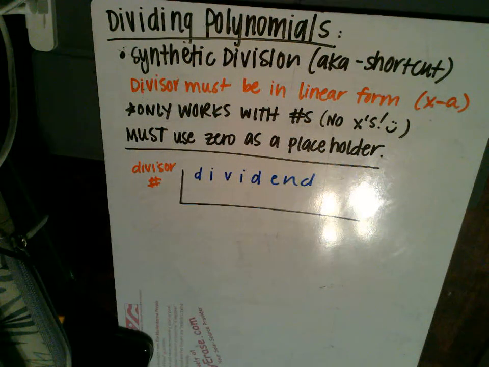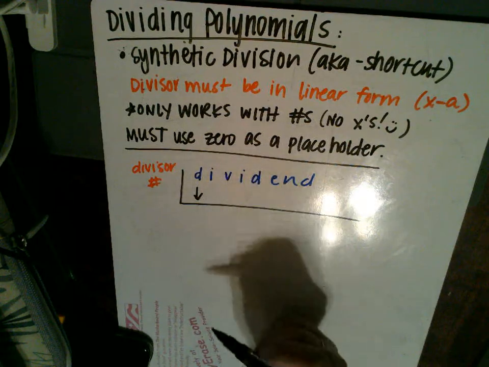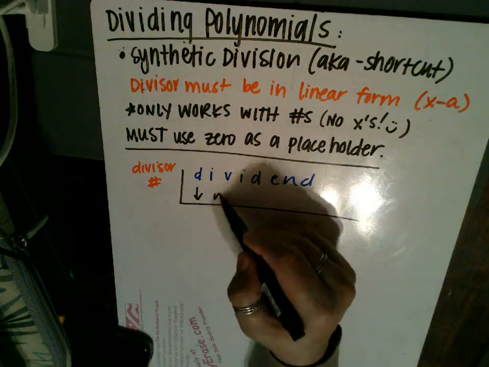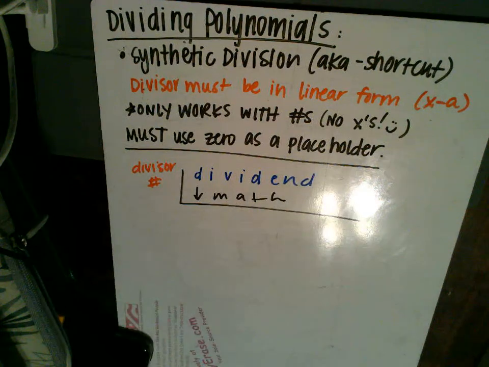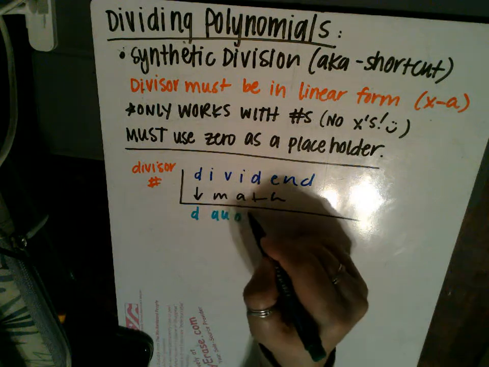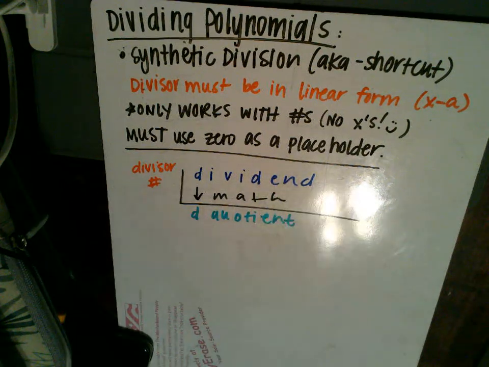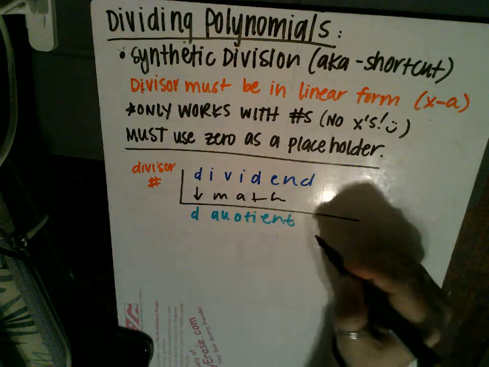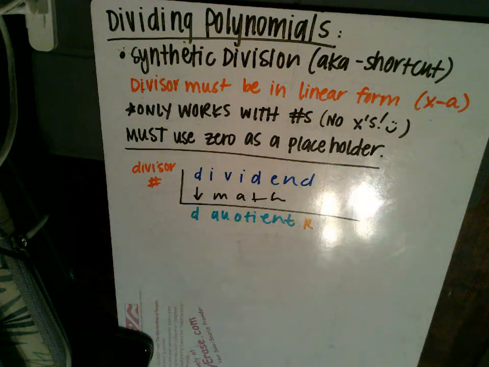And we're going to perform some math on the inside, drop some values, and get our quotient and remainder.